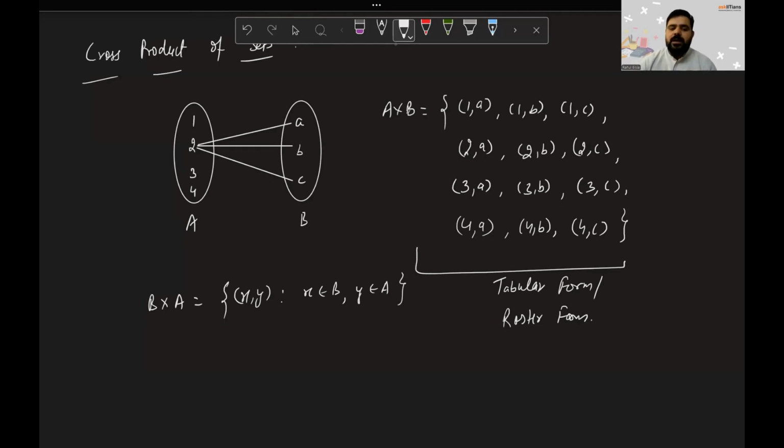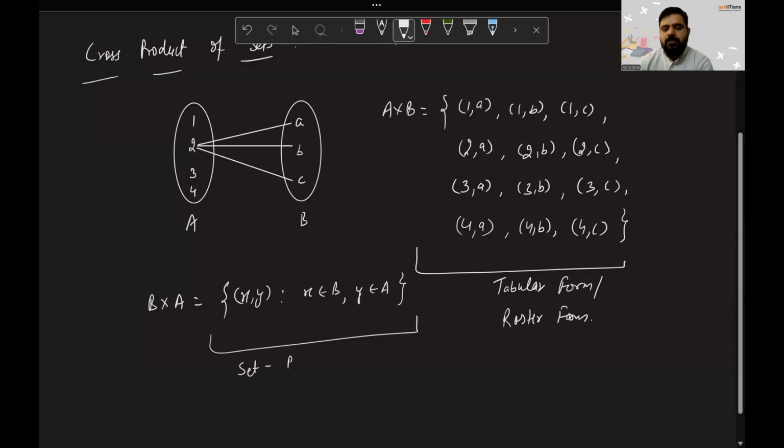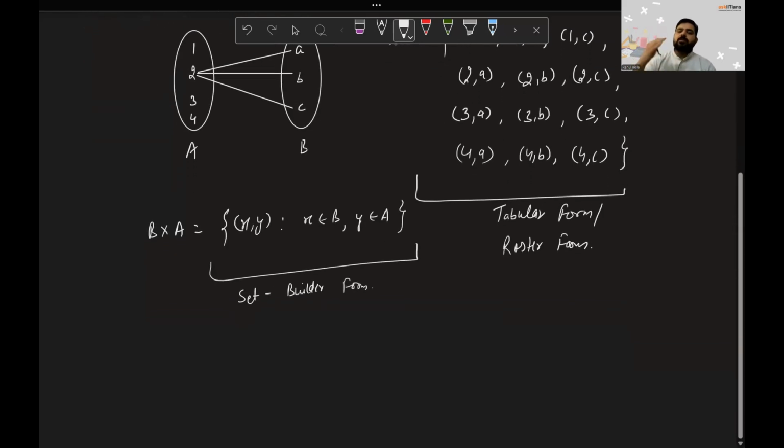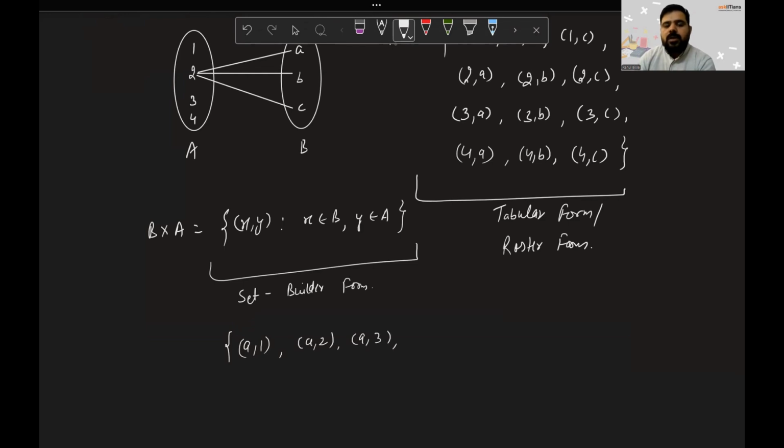This is your set builder form. I hope you understand both forms, how we can write the cross product in tabular or roster form, or in set builder form. If I try to write this in roster form, we'll get (a, 1), (a, 2), (a, 3), (a, 4), and so on.